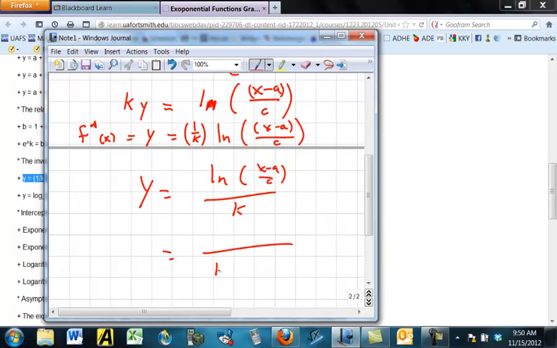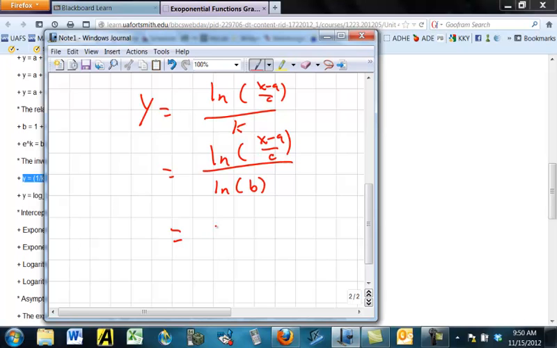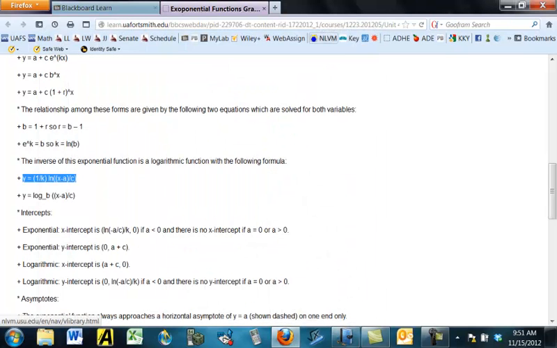But k is the natural log of the base, b. And our change of base formula allows us to rewrite this as log base b of x minus a over c. So we could write it that way if we'd rather. So another way to write it, which is what I have right here, means log base b.